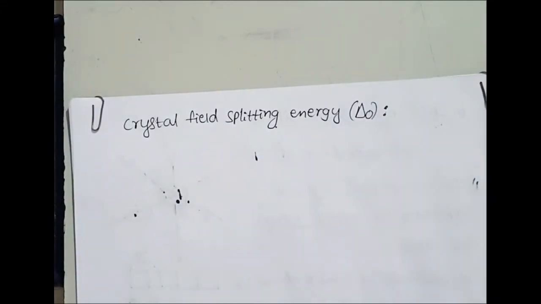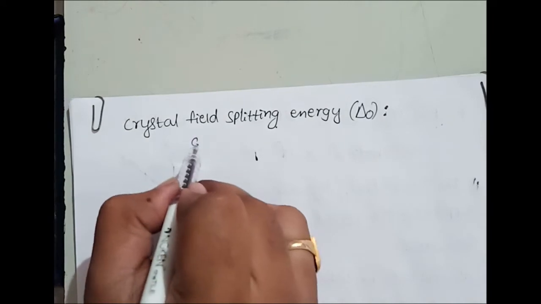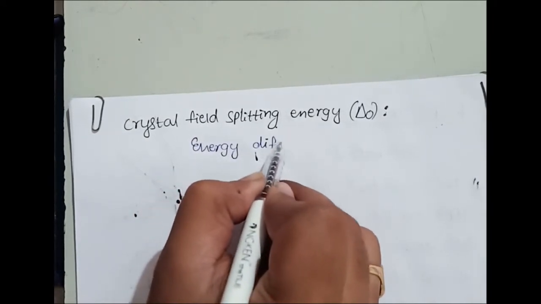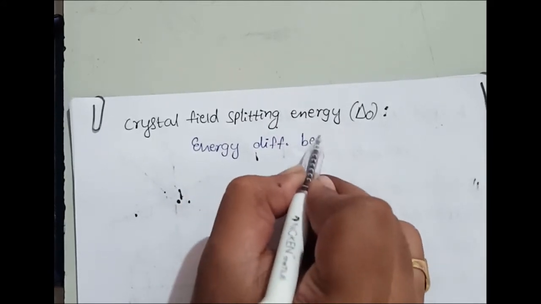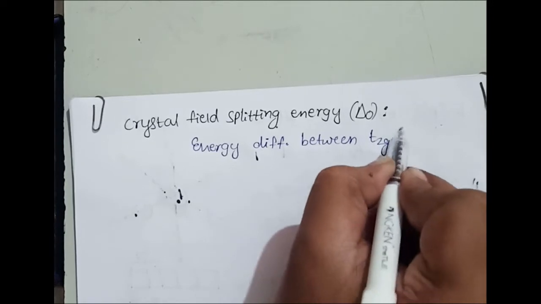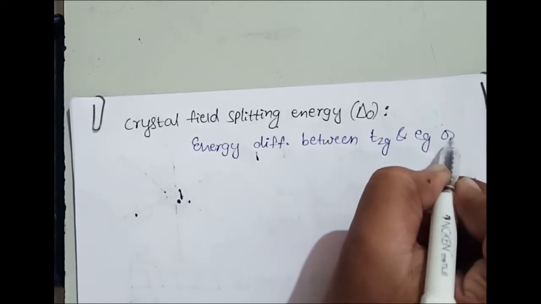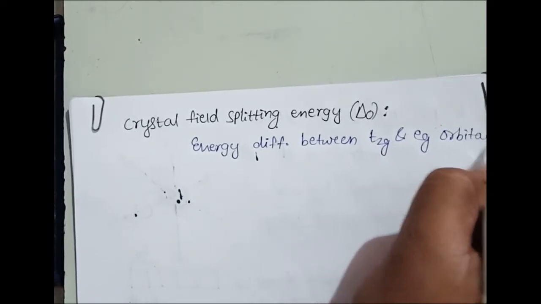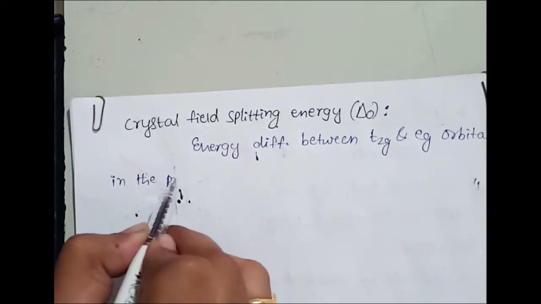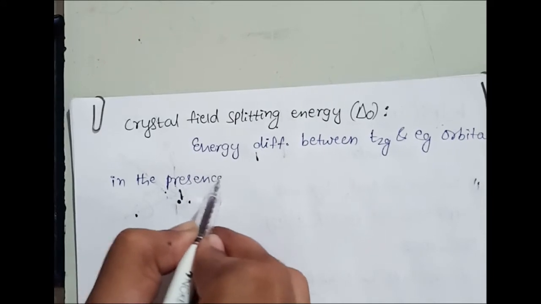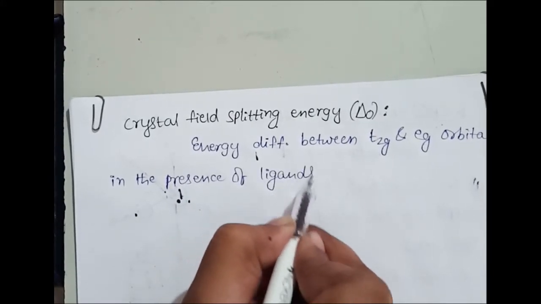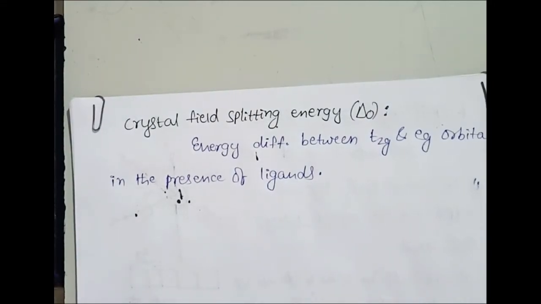So what we have said: the energy gap or energy difference between T2g and EG orbitals in the presence of ligands is called crystal field splitting energy.